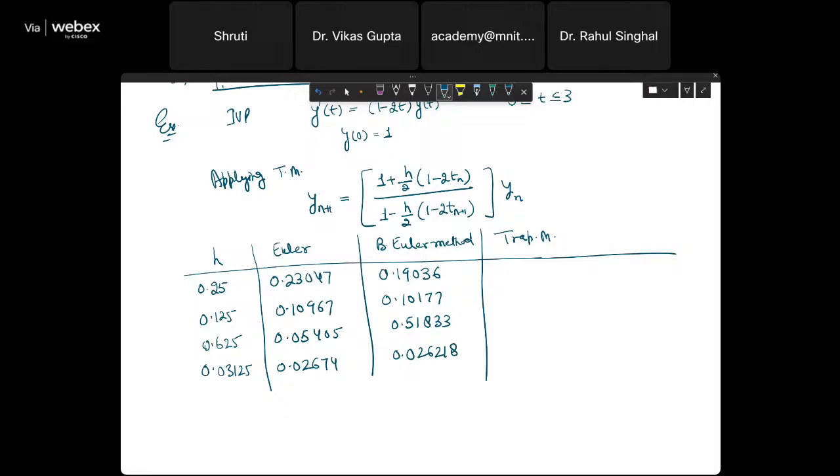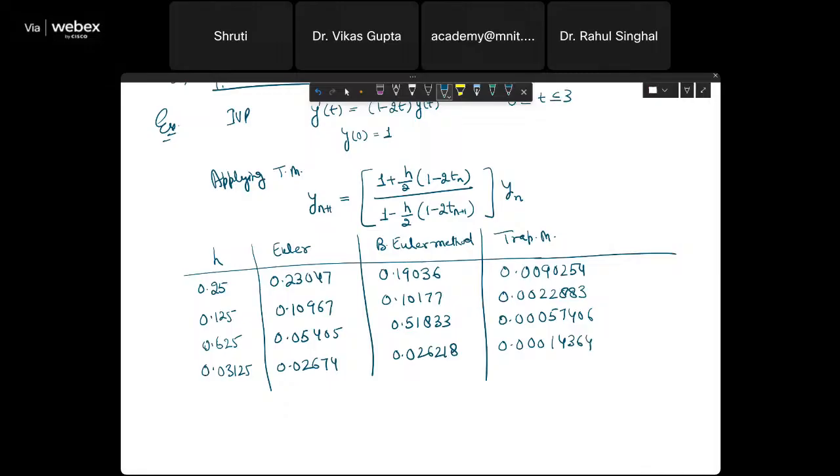And with the trapezoidal method what we are getting is the following: 0.0090254, here it is 0.0022883, then 0.000574006. So you can see how much improvement is here.